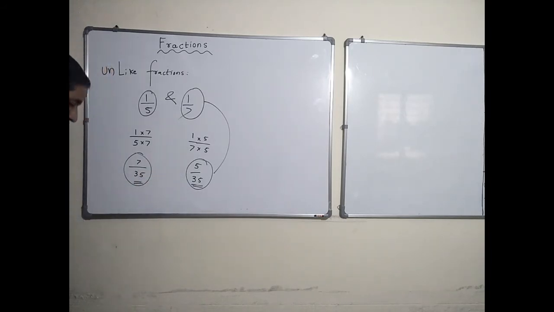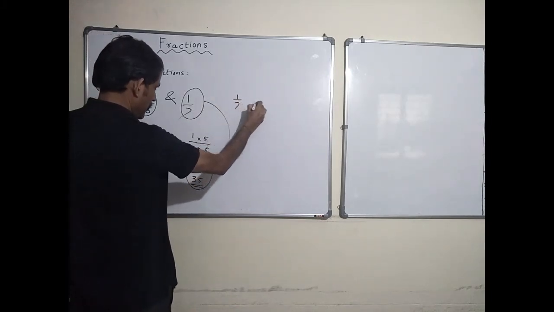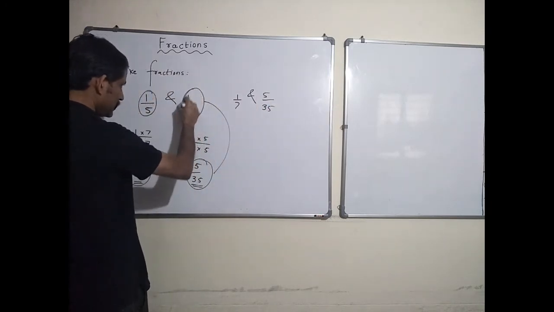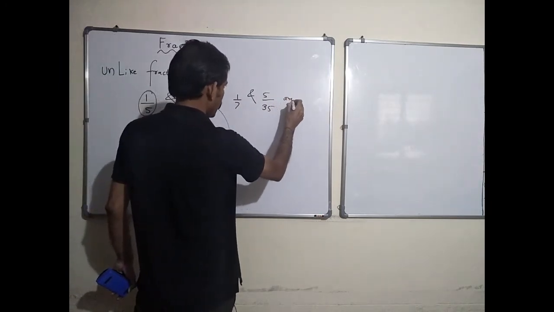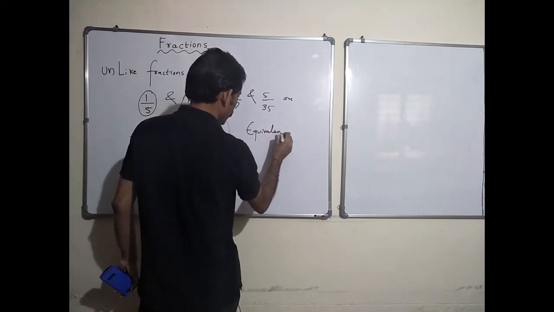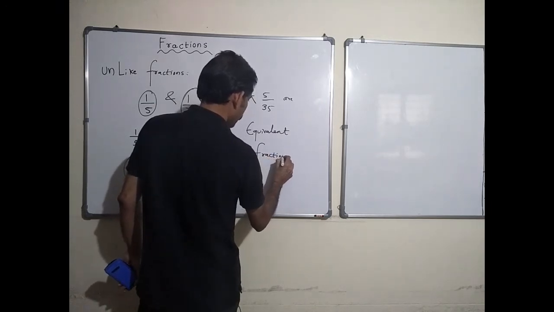And 1 by 7 and 5 by 35, just see this, these two are equivalent fractions. Now what are equivalent fractions?